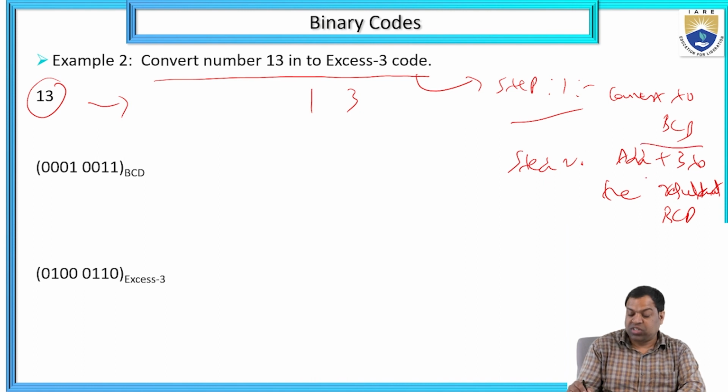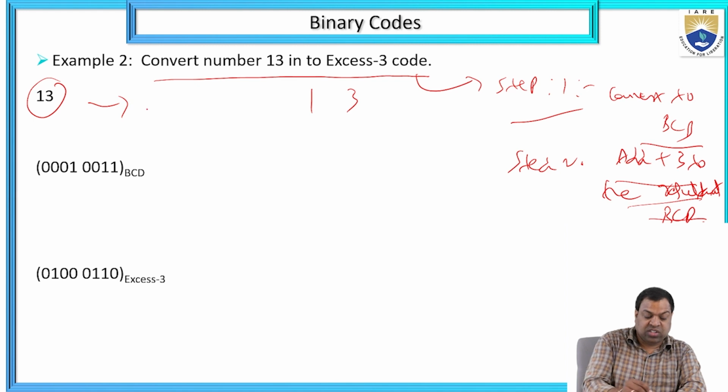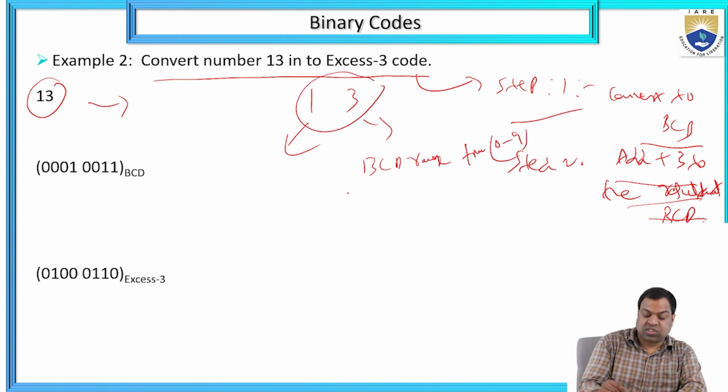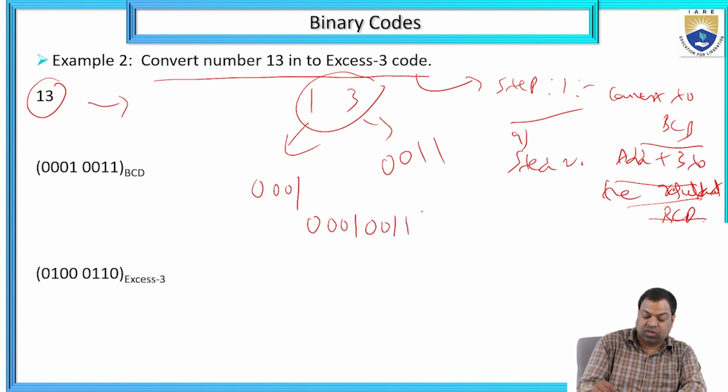That is called XS3. So first I want to convert 13. What is 13 in BCD? BCD range is from 0 to 9, but here we have 13, so 1 is 0001, and what is the 3 value here? 0011. So 0001 0011. It is the BCD value.